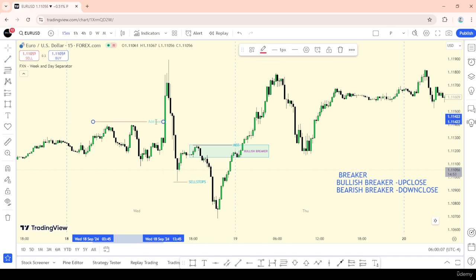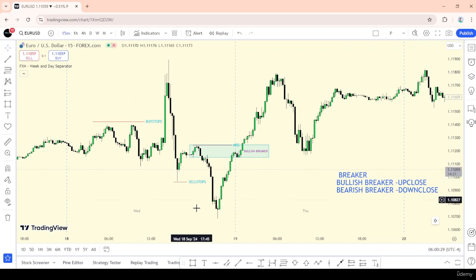Let me also outline here so that we may not confuse. So here are buy stops, and we can see that after we ran these buy stops, these relatively equal highs, immediately price came down and ran market structure. We had a market structure shift.